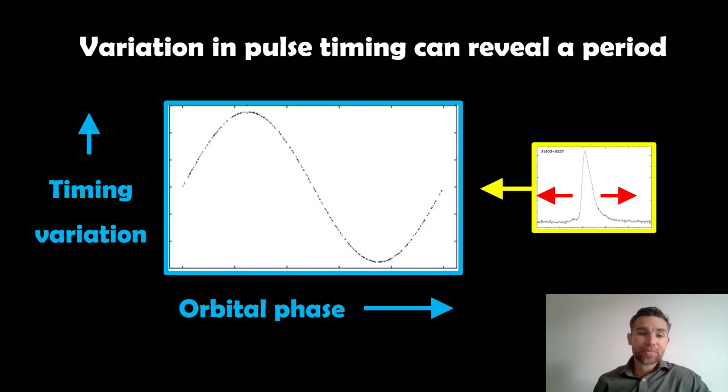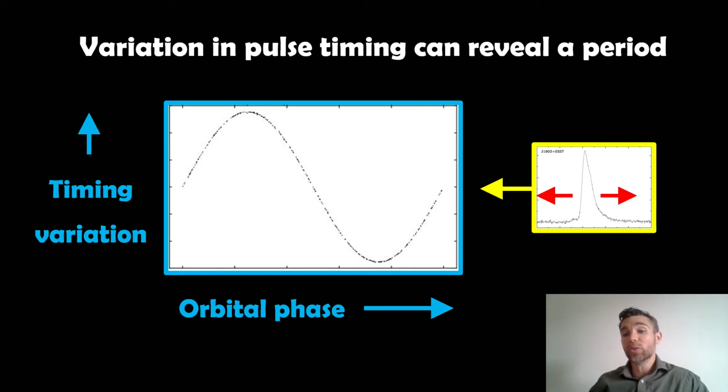Interestingly, if we were to measure the variation in the time of arrival of that pulse, we will get something that looks a bit like a sine wave, like this here. So it will get earlier and then later. Along the x-axis is time, but it's put in terms of orbital phase here.